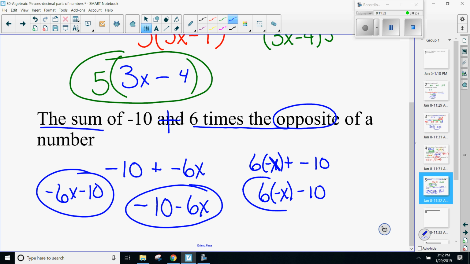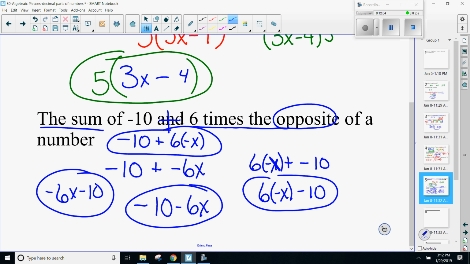This is okay. I suppose this would be okay. The sum of 6 times the opposite of a number, I would accept this as an answer, because that negative is now associated with the x and not with the 6x. So that would also be acceptable. Multiple ways to write that.